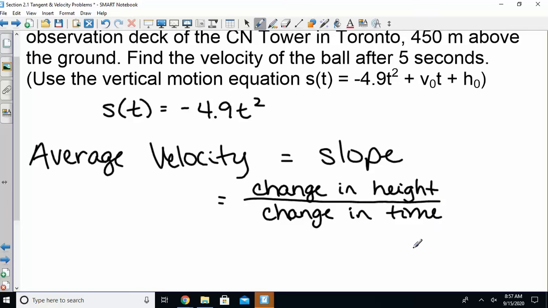So all I'm really asking you to do here is kind of like yesterday, making that table and seeing what my velocities approach. Because I don't have enough information to say at one particular point my velocity is this. We need 2 ordered pairs to find a slope.